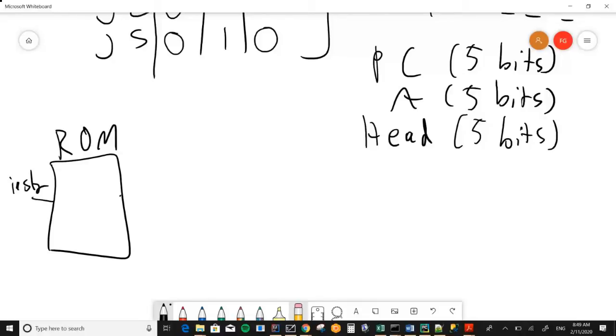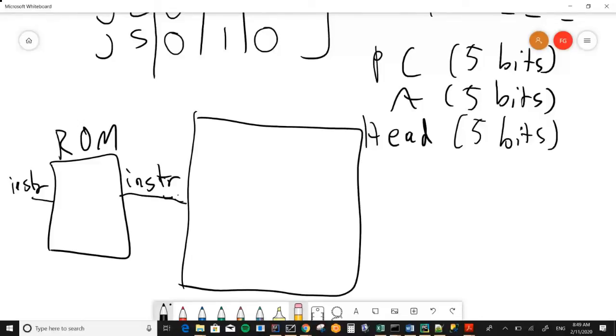And then it has an output that actually gives me that instruction. So when I think about my CPU, it's got the actual instruction bits coming in there, and then it's got this output, which is basically the output of the program counter, telling the ROM which instruction to give me next.